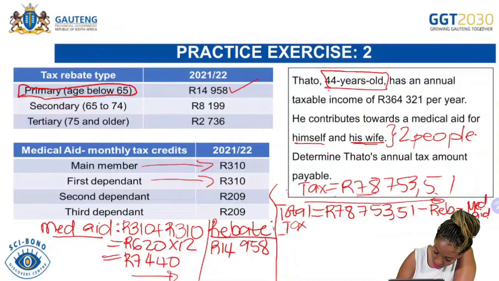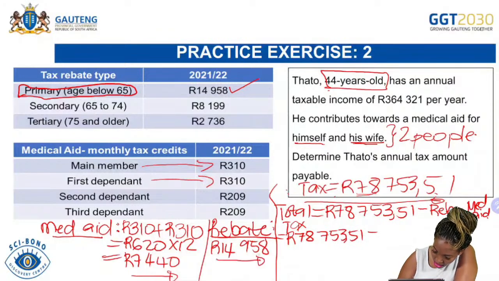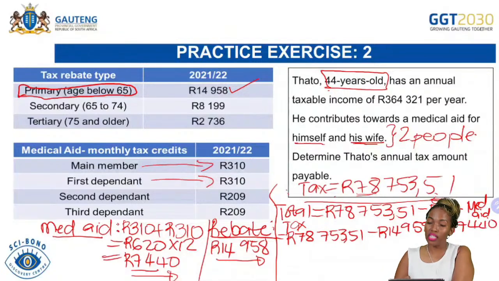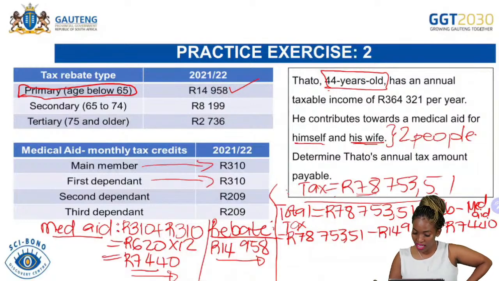And then it is equals to 78,753 and 51 minus the rebate is how much? It is 14,958 minus the medical aid is how much? It is 7,440. Then you take out your calculator again.